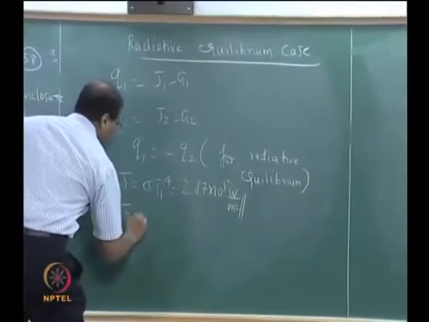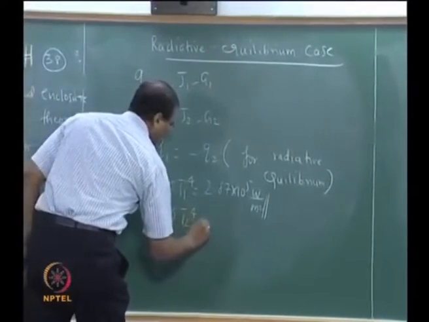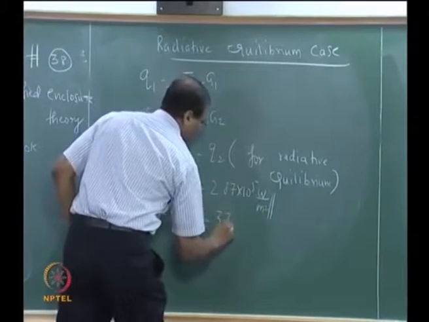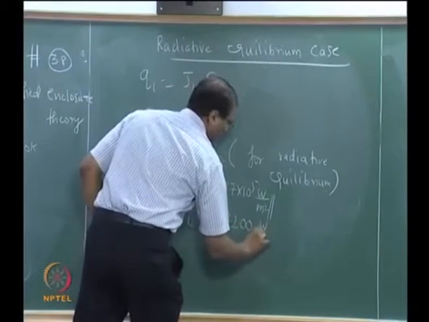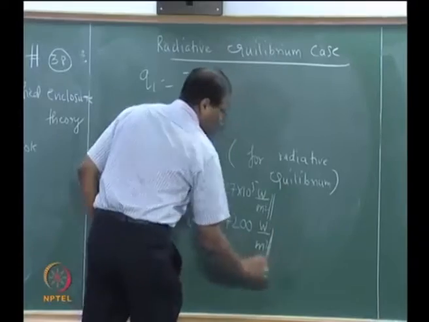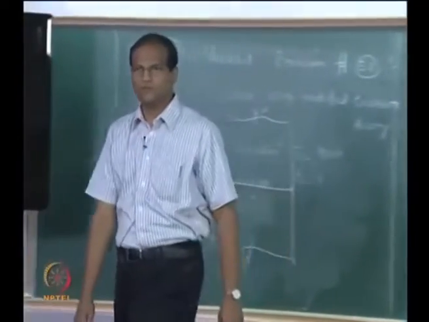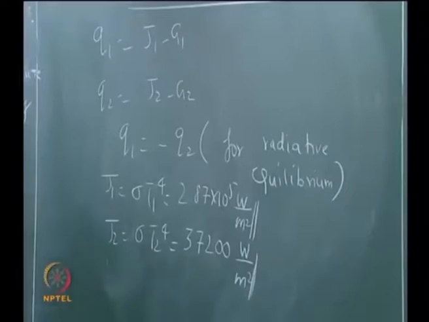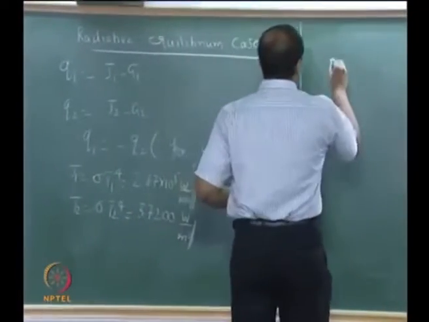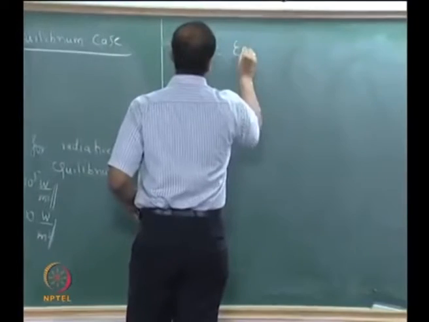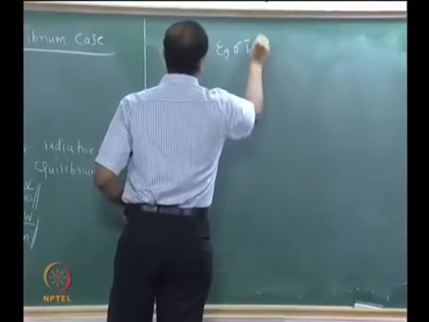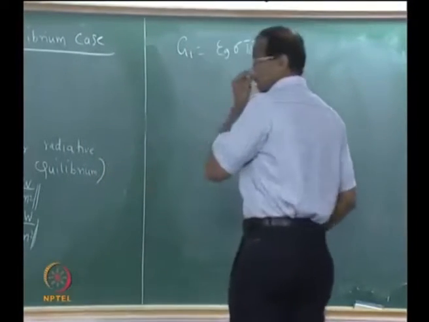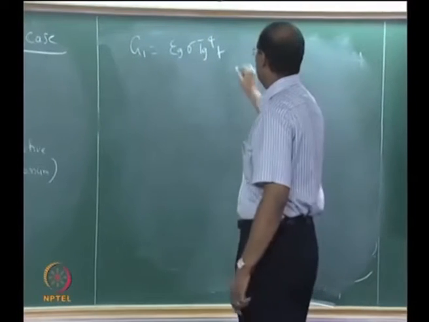J2. Okay. So, J1 and J2 are known. What is G1? Plus F12.